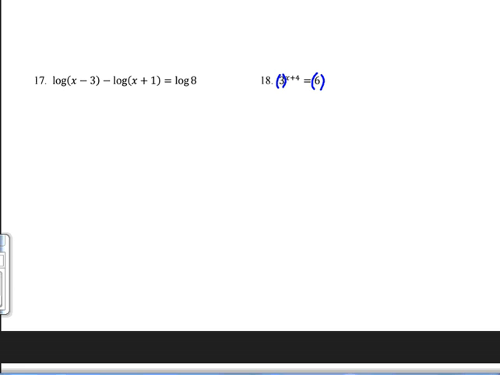Could I rewrite it? Anytime you get stuck, think about rewriting it. So it would be a rewrite of log to the base. What's the base in this one? Base 3. Log base 3 of 6 equals the other thing.